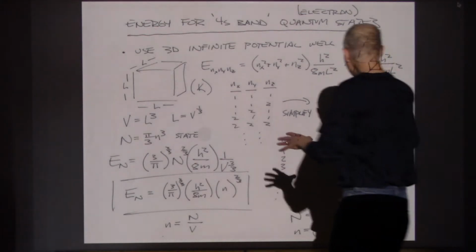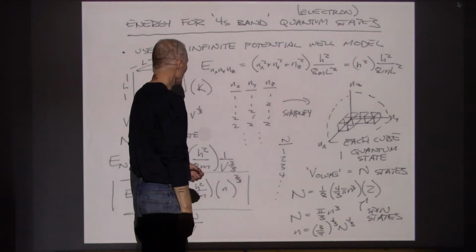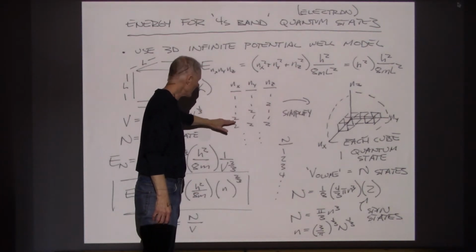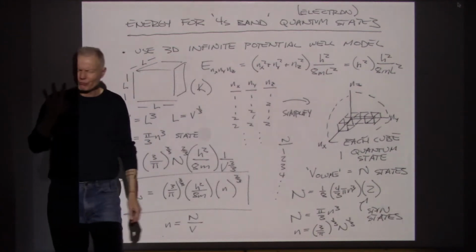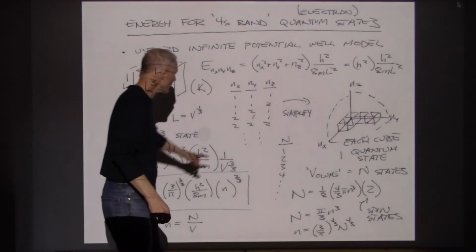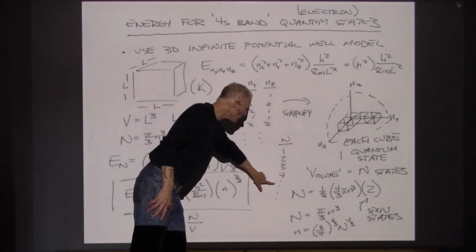If you want to see the details, stop by office hours. We've gone from a bunch of states that required following a pattern of 3 quantum numbers, and we've replaced it with simple counting: 1, 2, 3, 4, 5.